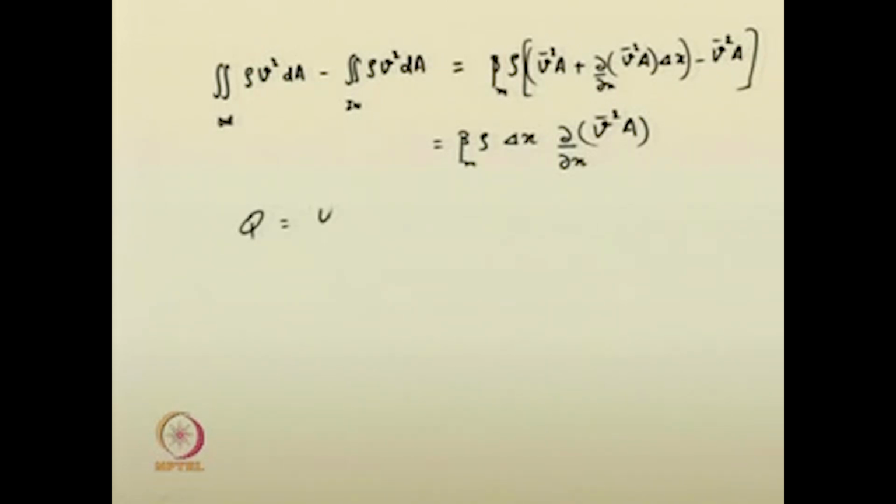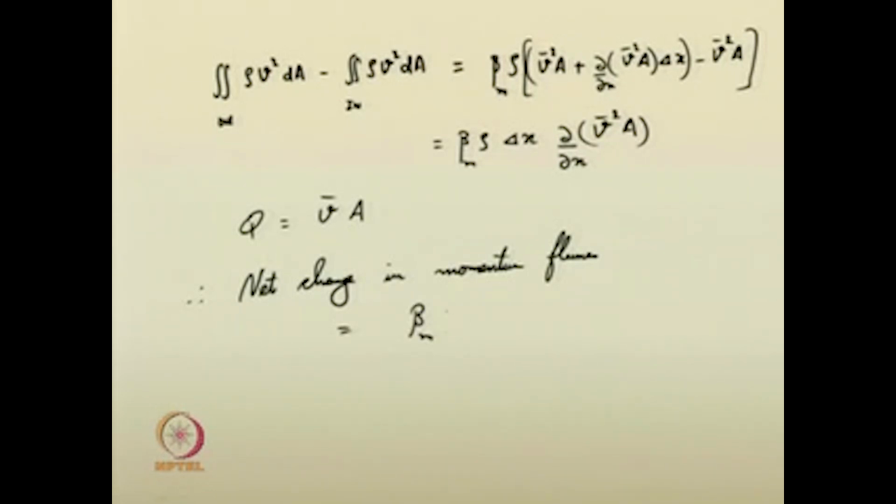Also Q is a constant quantity, V bar A. Therefore, the net change in momentum fluxes across the control surfaces of the volume is equal to beta m rho del x dou by dou x of Q V bar. I hope you agree with me writing this.